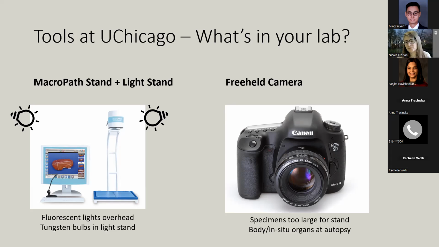Yeah, we've traditionally always had some kind of photo station. Back in the day, it was a Canon camera that was mounted on an arm that you can sort of rotate up and down. And then we got the MacroPath stand, and to me, forcing yourself to transport the specimen and lay it out on a clean background kind of makes you think a little bit extra about how you want to position it, because you're actively taking a photograph, right?